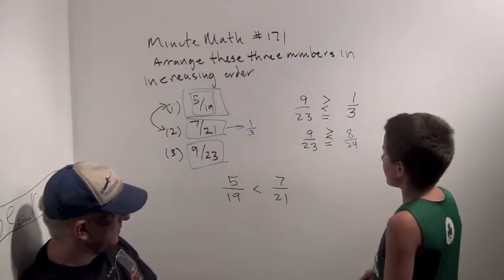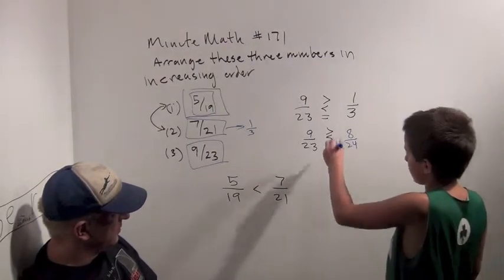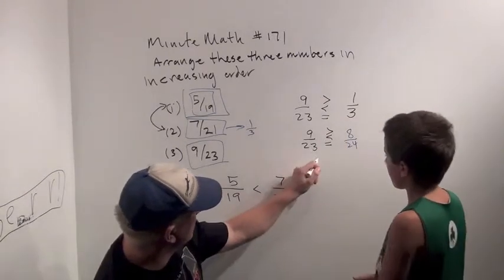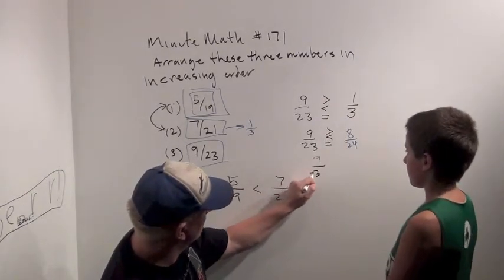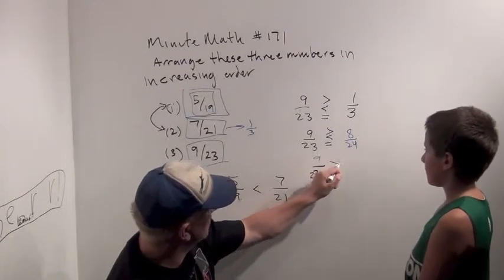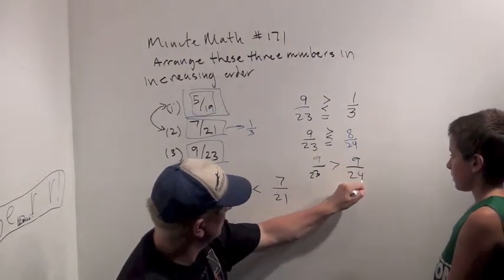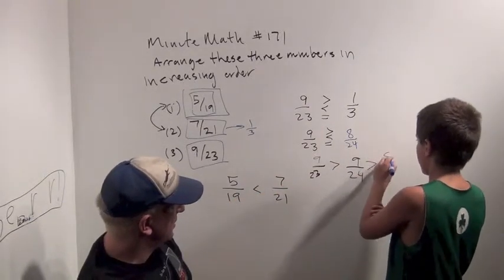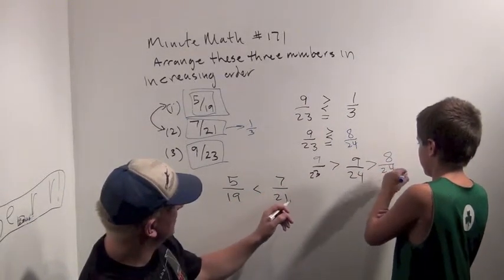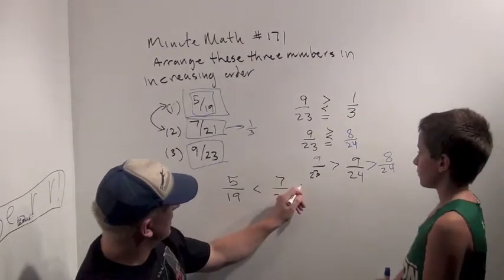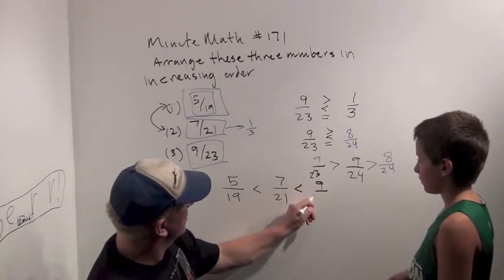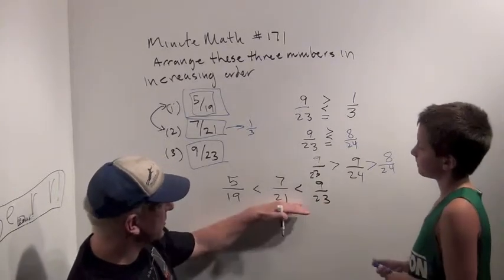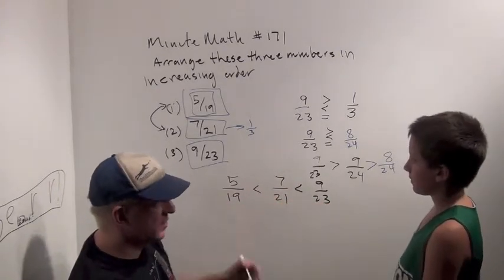We know 9/23 is actually bigger than 9/24. All right, that's an interesting observation. And 9/24 is bigger than 8/24. Aha, so we just learned that 9/23 is bigger than 9/24, which is bigger than 8/24, so it's bigger than all of them.